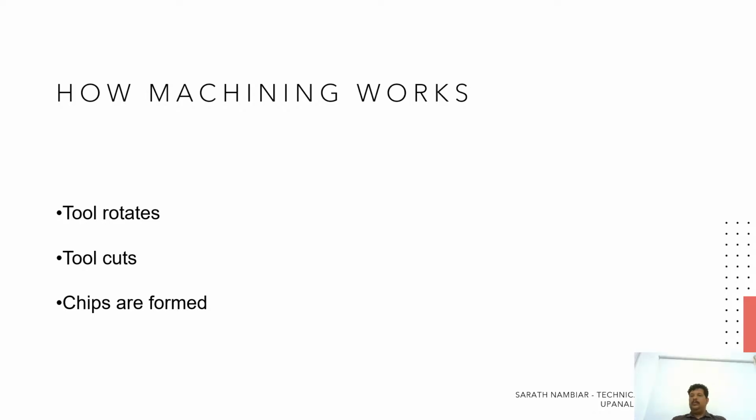Now, how machining works? Before we jump into different tools, let's understand what happens during machining. Because once you understand this, everything becomes easy. Imagine this. You have a metal block and you bring a rotating tool near it. The tool rotates at high speed. It touches the surface and starts removing small pieces.